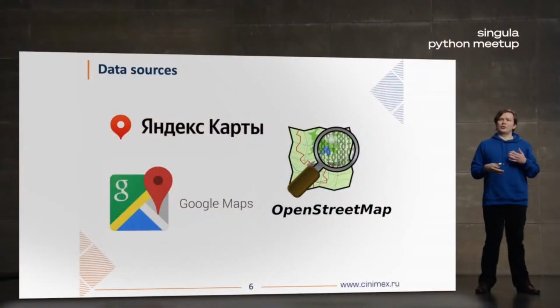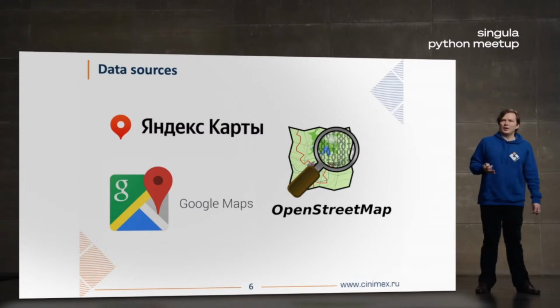So, how to get geodata? There are a lot of different services which provide geodata. For example, Google Maps or Yandex Maps can provide different sorts of geodata. But if you want an open source solution, OpenStreetMap is the best one.